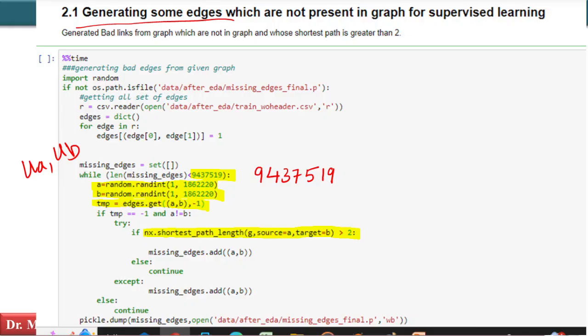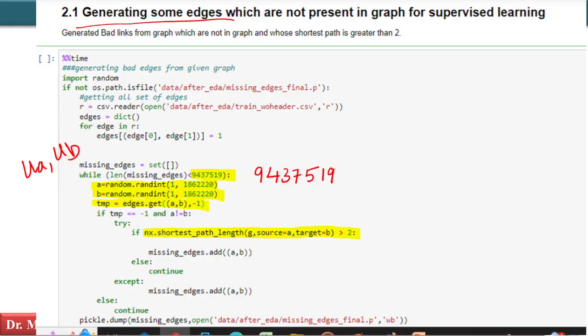remember, I generated UA and UB vertices randomly. After generating these two vertices, first I check: is there any edge between UA and UB? If there is no edge, then I check whether there is a path from UA to UB of length greater than 2.